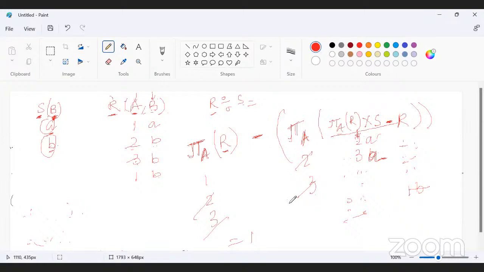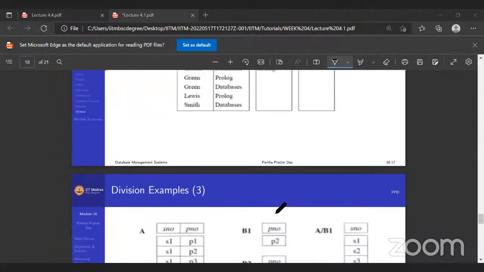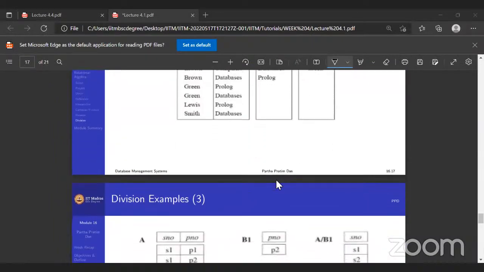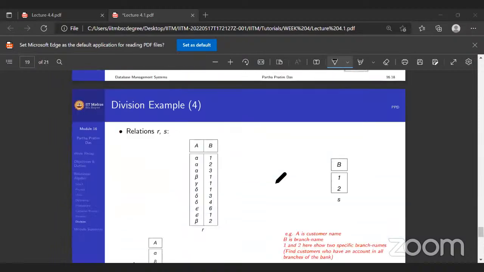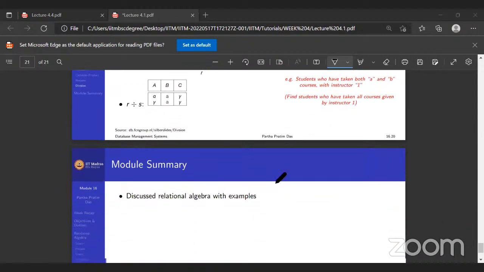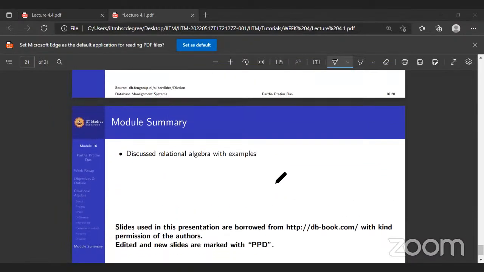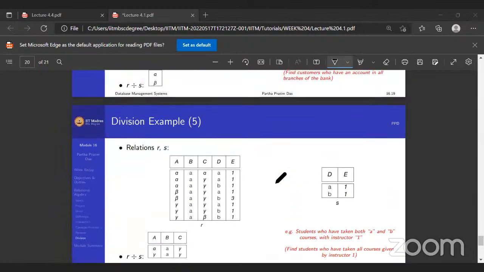You got the idea how the division operator works. This is the same thing, you can check it out. Same way you can try this. I think that's the relational algebra expression.